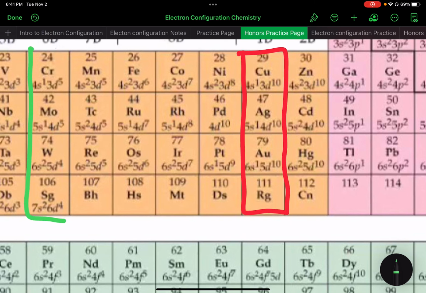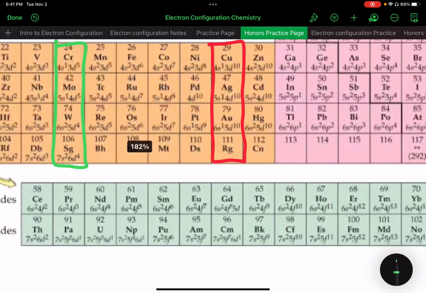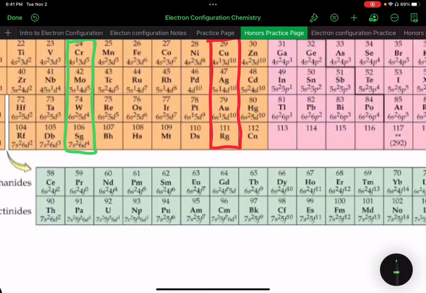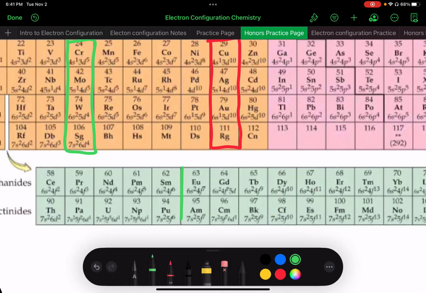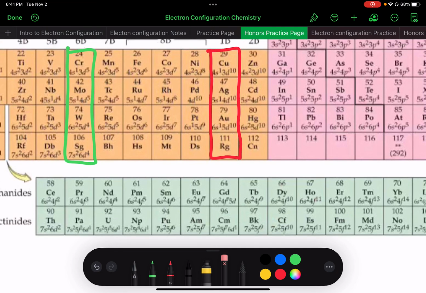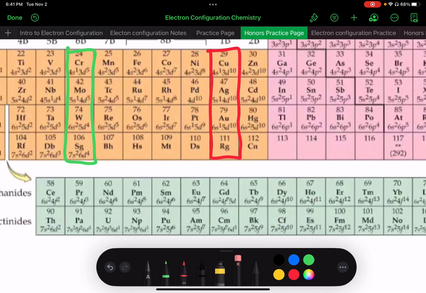We see the trend also here. Sometimes that trend also shows up in the f block.